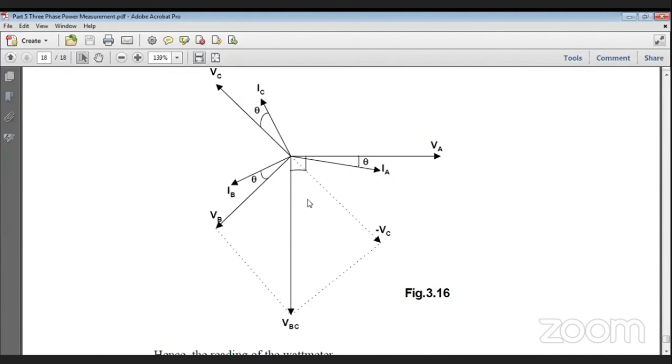So therefore, this is another aspect that is again asked: can a wattmeter give a reading which is reactive power, not active power? Here also the answer is the same. It is possible.